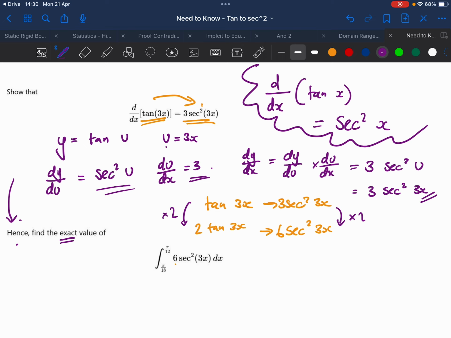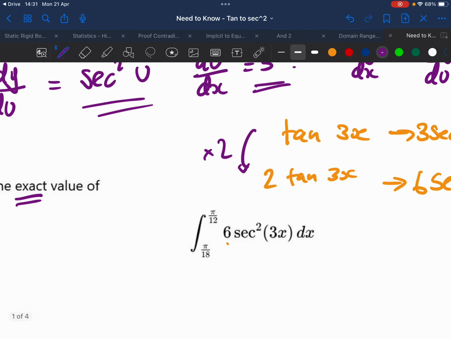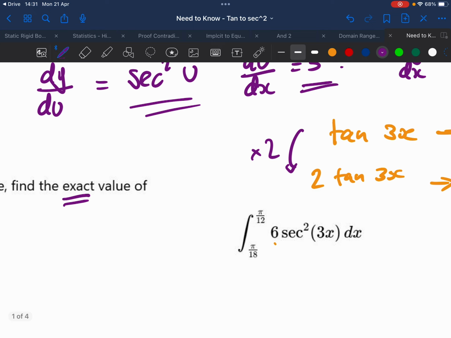We've kind of just done that by inspection. But if we wanted to do it more slowly, another way you could think of this result was that this was equivalent to 2 times 3 sec squared 3x dx, then the 2 was taken out to the front. So this is another way that you could think about it.